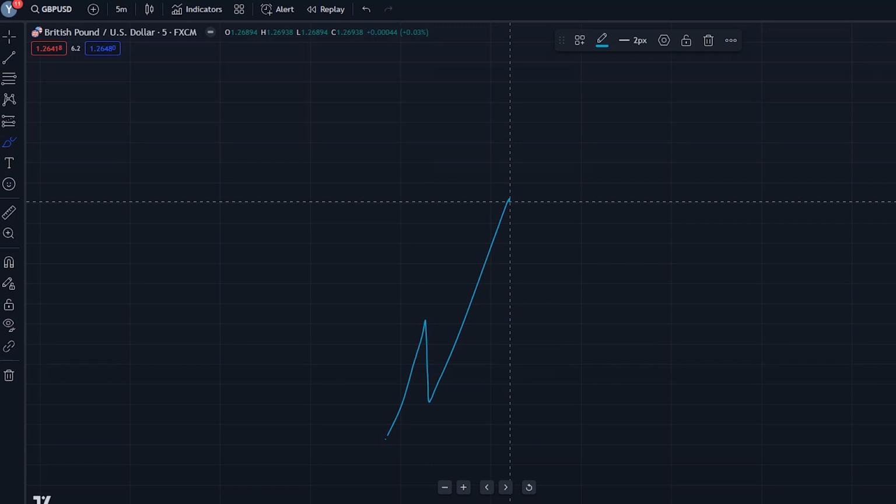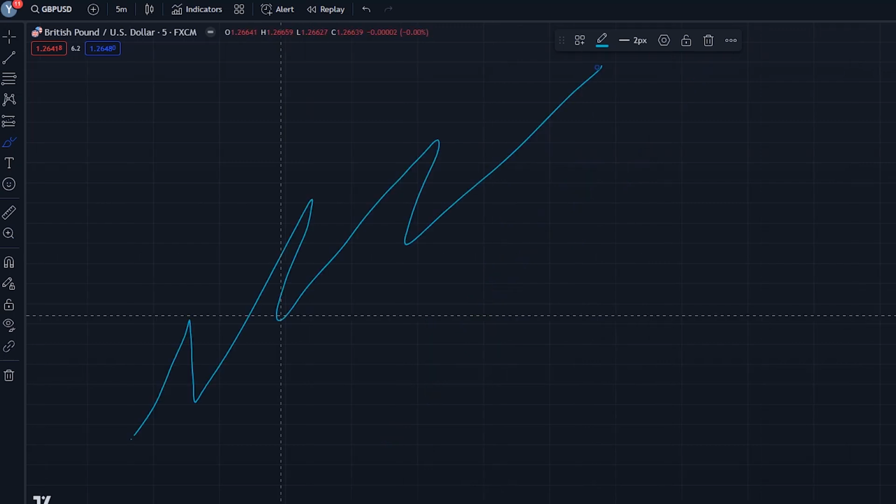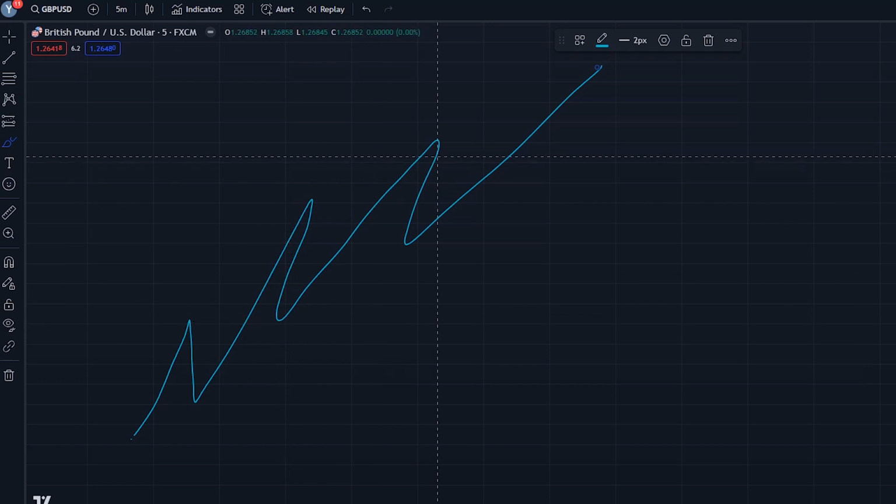You're going to wait for the market to come back and retrace. And whenever the market is going up, you don't just enter, you need to confirm. If you go to a lower time frame, just like the 1 minute time frame, it's still going to give you a lot of signals, reversal candles or a double bottom, to indicate that okay, this particular market is going up. So as a trader, you enter a trade right here.